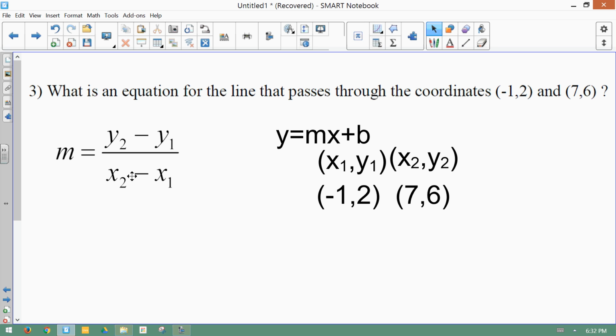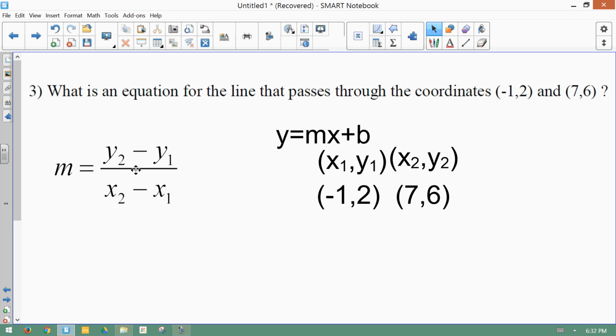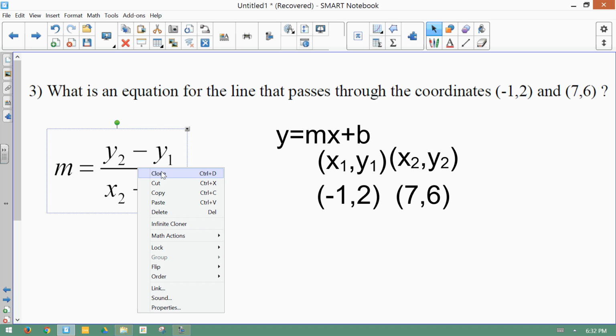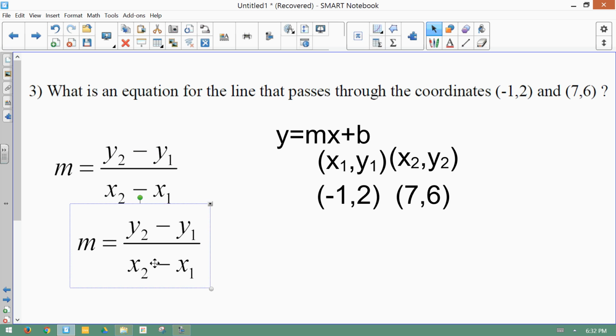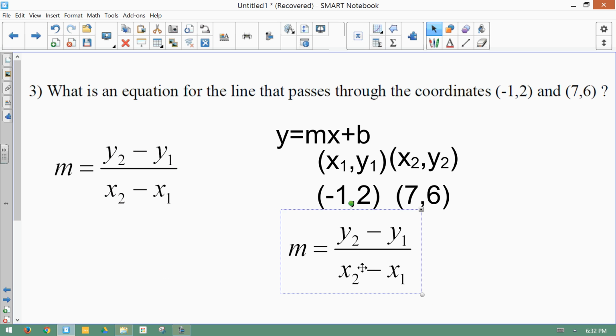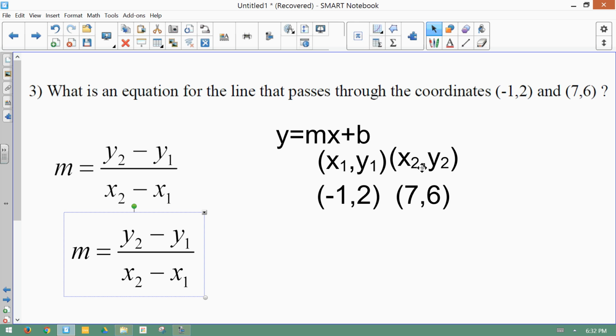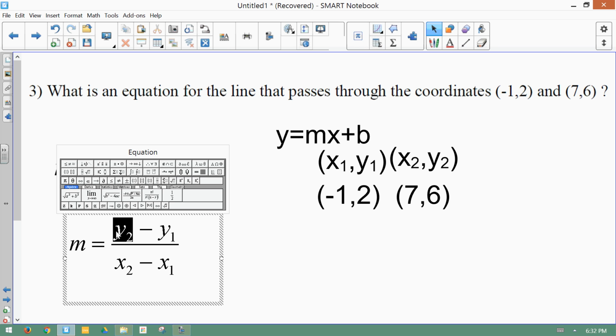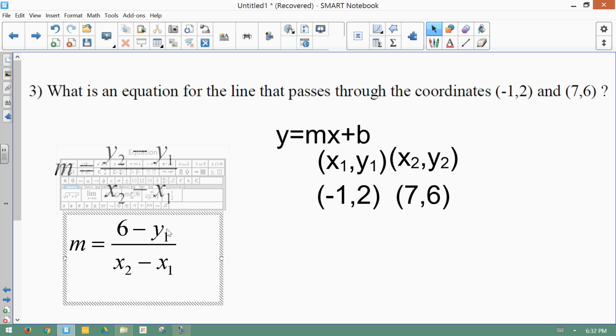Okay. At any rate, let's go ahead and do our substitution. So, let's clone this. What is our y2? Well, our y2, according to this, is 6. So y2 is 6. And we need y1.